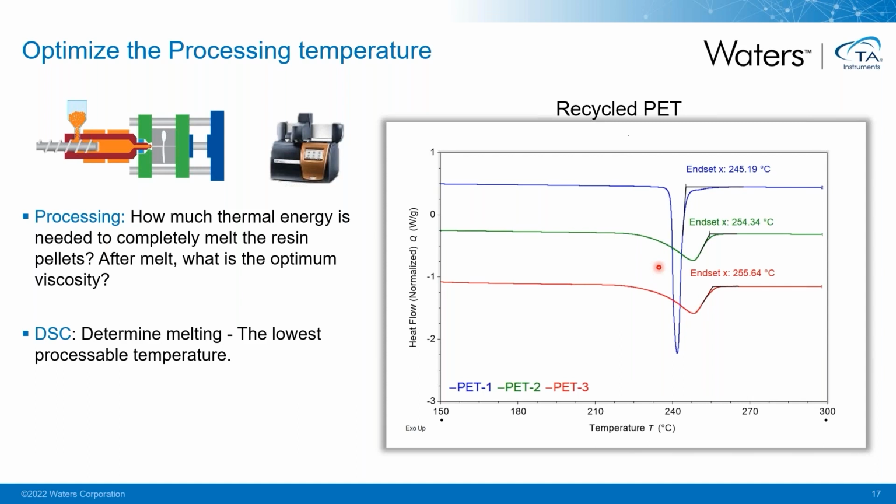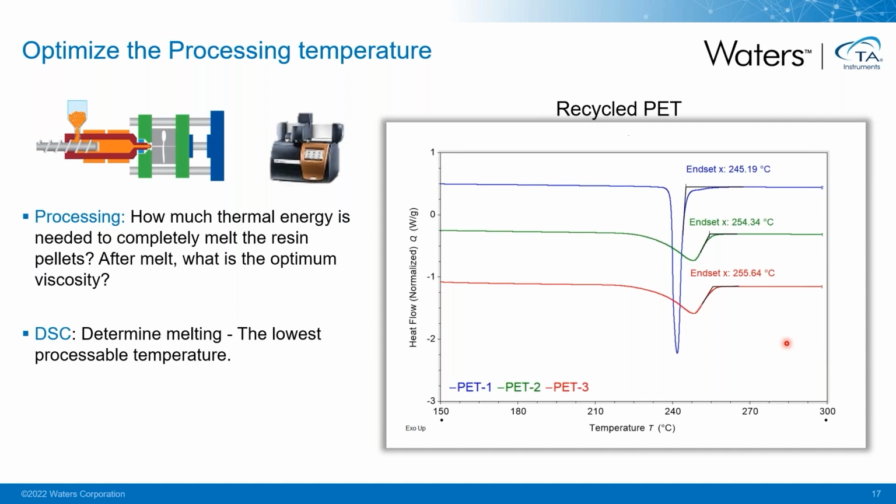Using the combination of thermal and rheological characterizations, we can help the processing engineers to address this question. As Alice has discussed earlier, the DSC technique can measure the crystal melt in the resin. This end of melting temperature can be considered as the lowest processable temperature because at this point, the sample is fully molten.